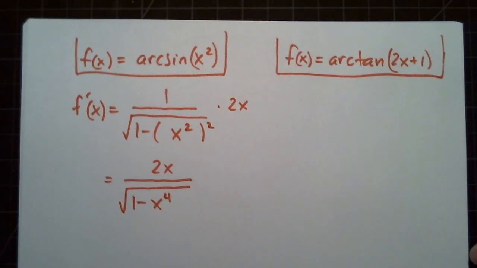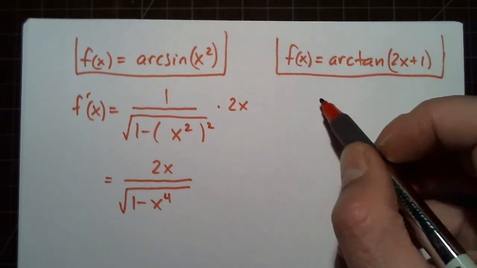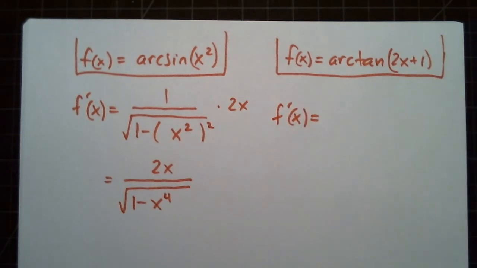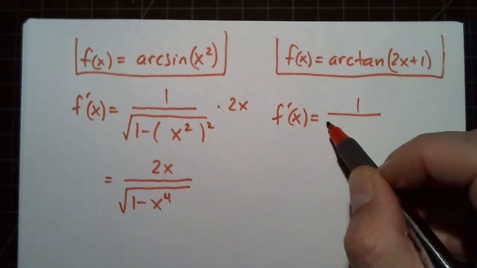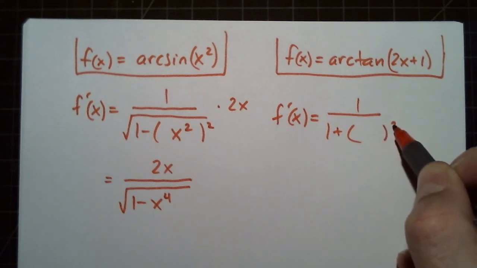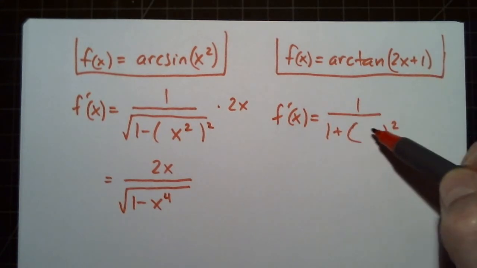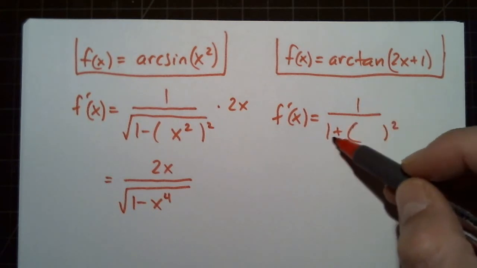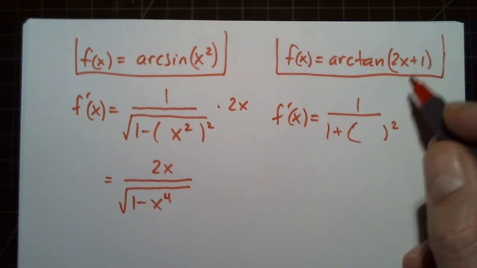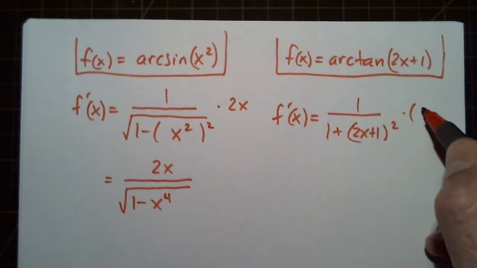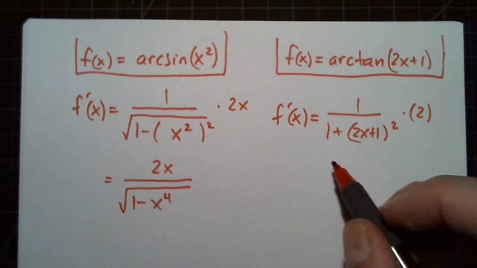Okay, pause the video and try that one. One over 1 plus u squared. In this case, this is the derivative of arctan, 1 over 1 plus something squared, and that something is 2x plus 1, times the derivative of 2x plus 1.